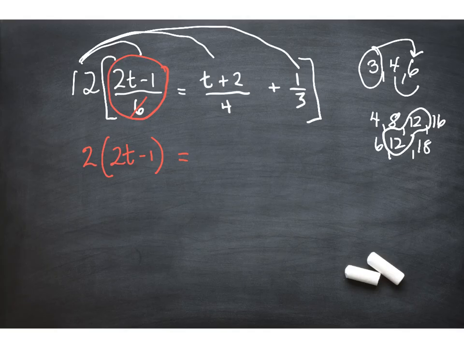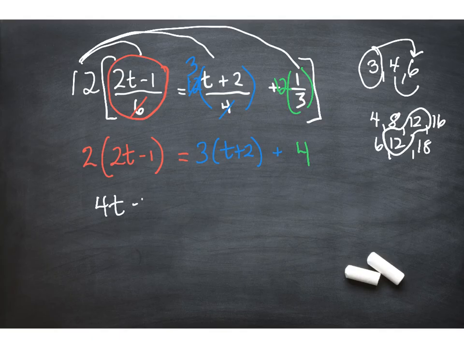What about the 4? If there was a 12 here, well, how many times does 4 go into 12? That becomes 3. So it's 3 times t plus 2. And now if there was a 12 here, what does that become? That's 4. So what do we get?